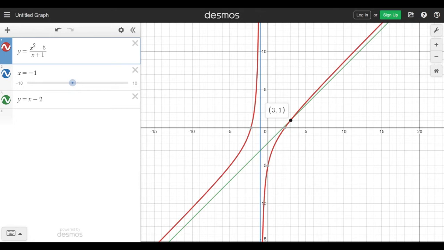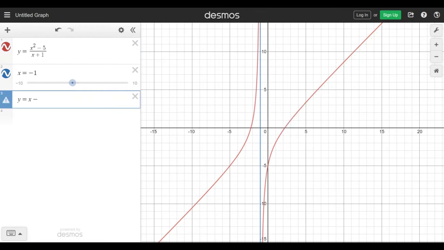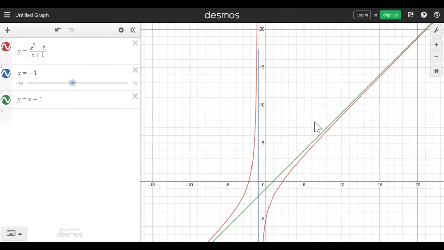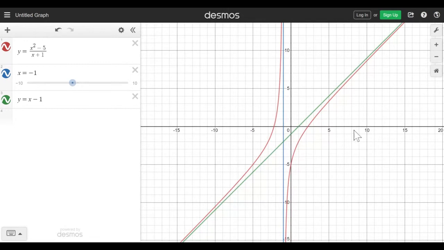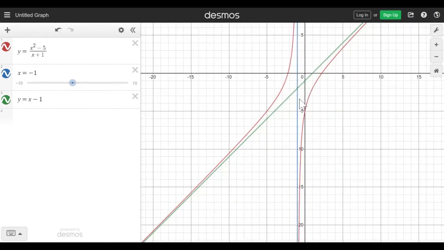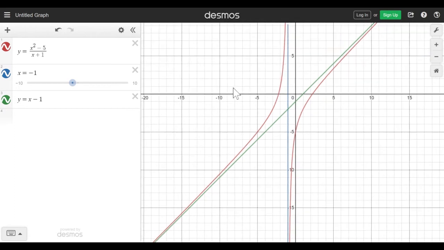So that is not the right one. You will know that when you graph your function, your f of x. So the correct answer was x minus 1. Always check your answer by graphing, and you will know you got the right answer by looking at the exact location of the asymptote. If it touches or intersects, then you missed the calculation, so you just have to redo your calculation and check where you missed.